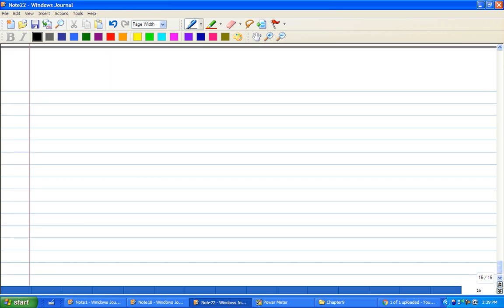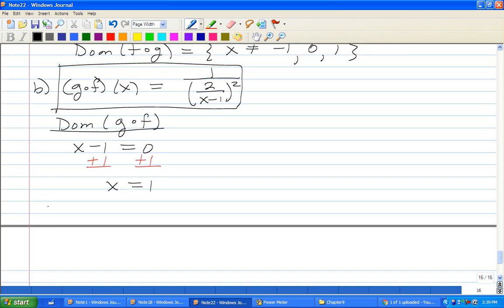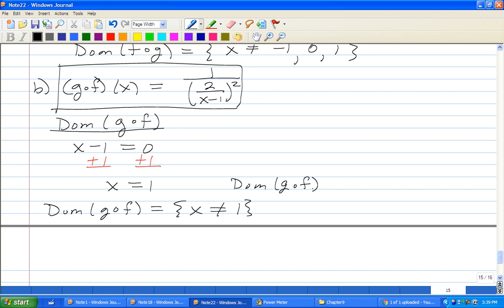Therefore, the domain of g composed with f is the set of all x's except for 1. If you want to write the domain in interval notation, it is everything except for 1.